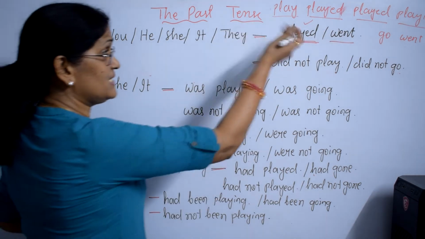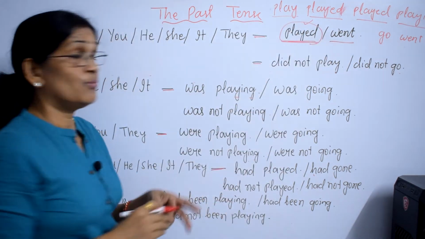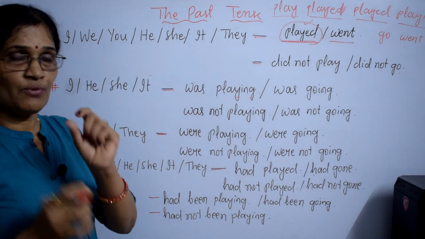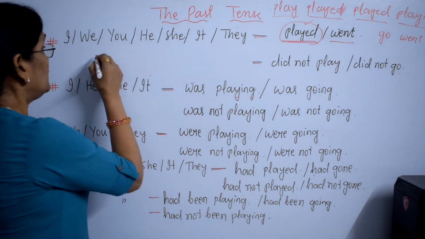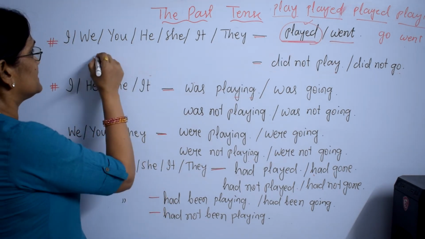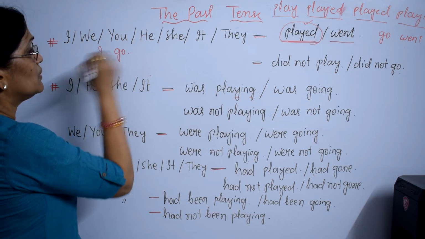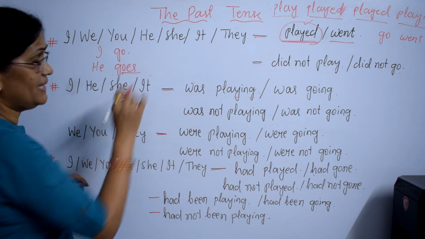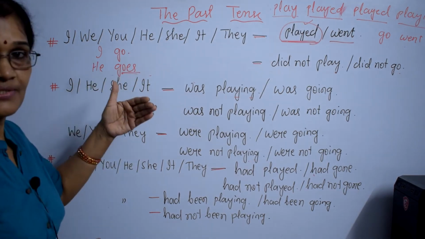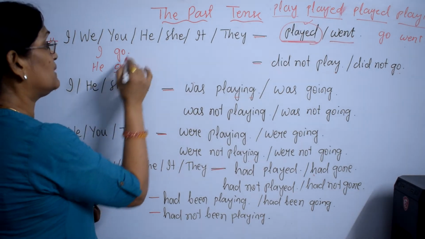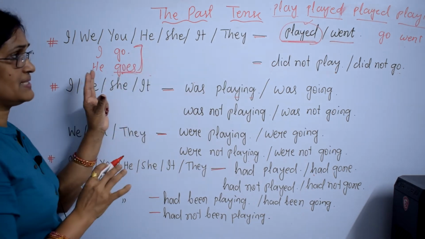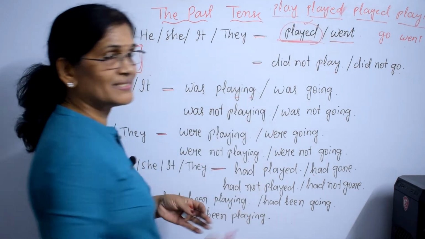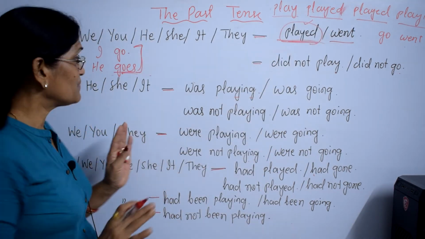We don't change the verb form. But what we do in simple present is different: I go, but when you write he, it becomes goes. We add es, somewhere we add s. But in simple past, there is no change in the verb.